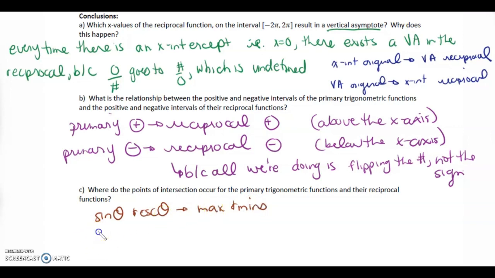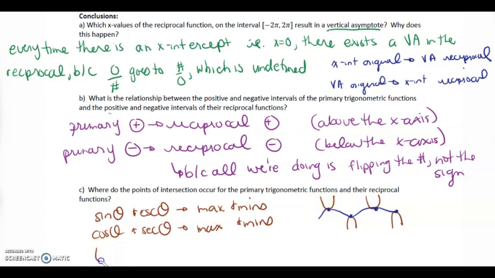Okay, for cos θ and secant θ, again, they occur at max and mins. If you remember, we have something looking like this, whether it be sine or cos, and so max, mins, and so on. So those are going to be the points of intersection, okay?